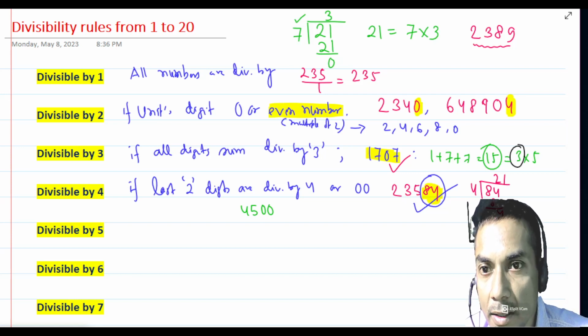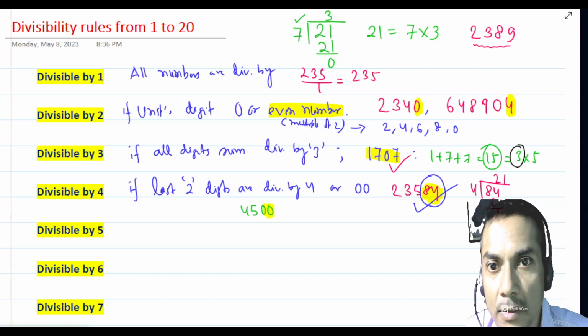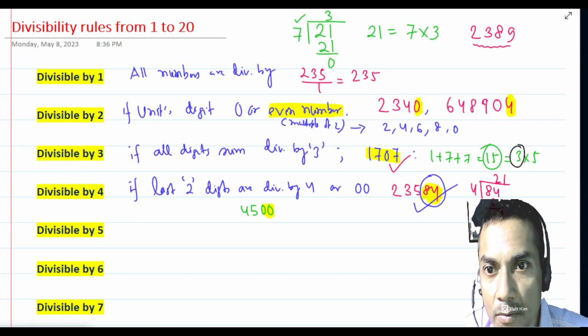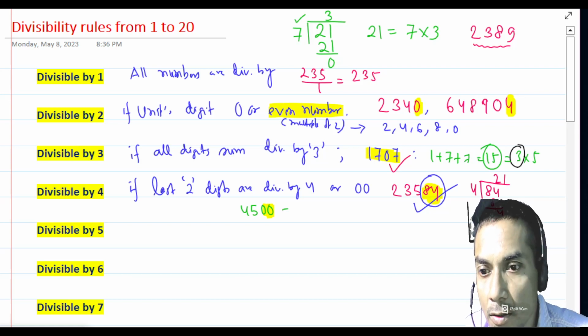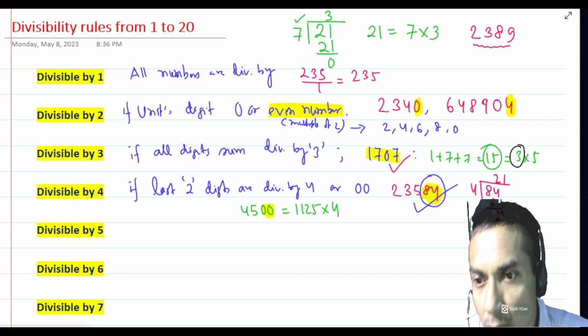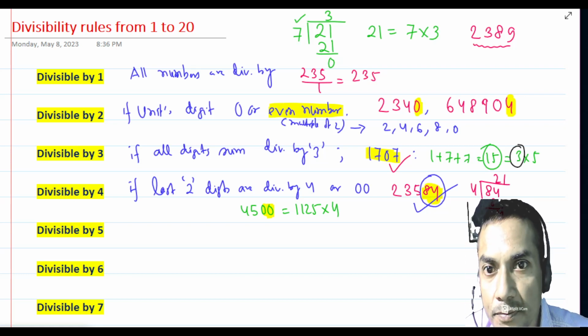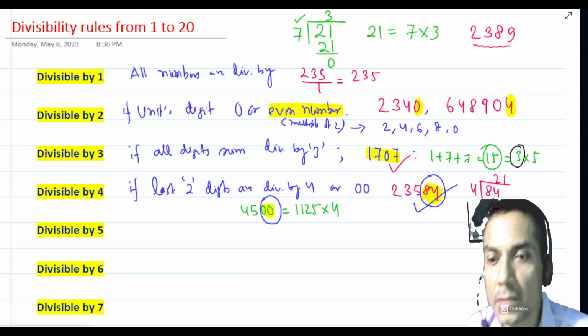Since the last two digits are 0, it is also divisible by 4. You can check it yourself. 4500 divided by 4 is equal to 1125. Clear? It is 1125 times 4. Understood? So it is divisible by 4.